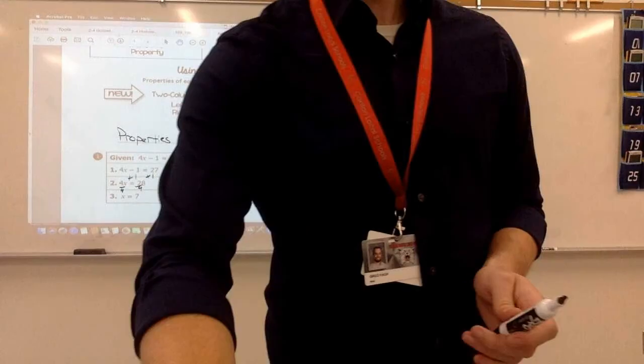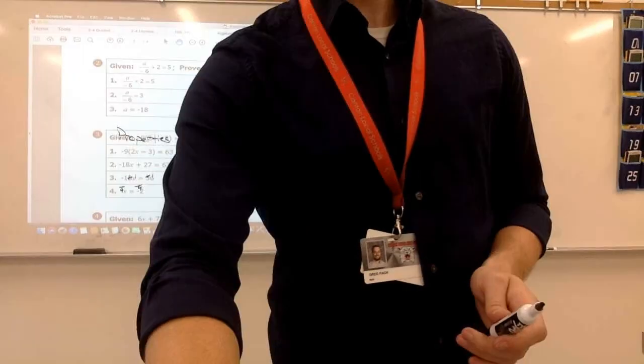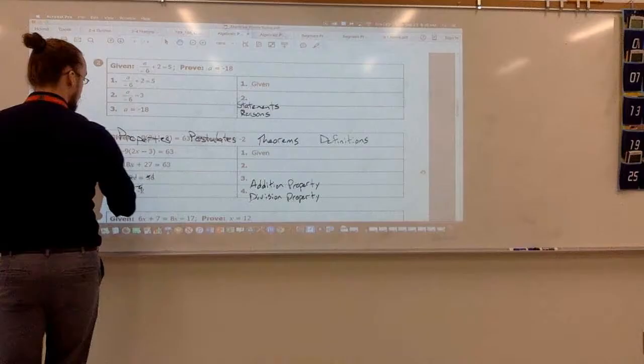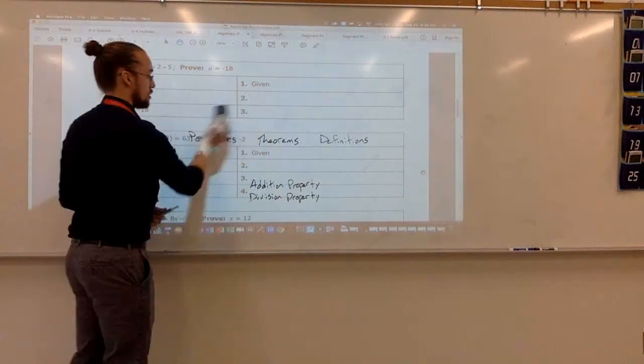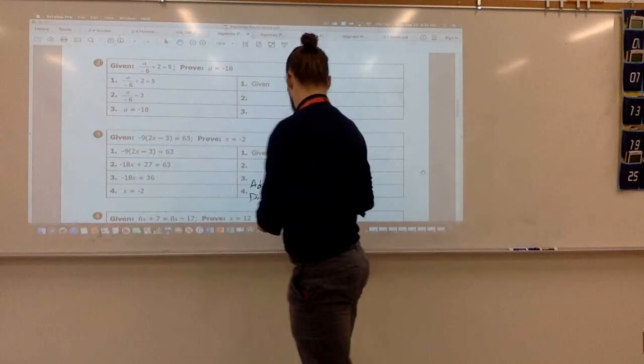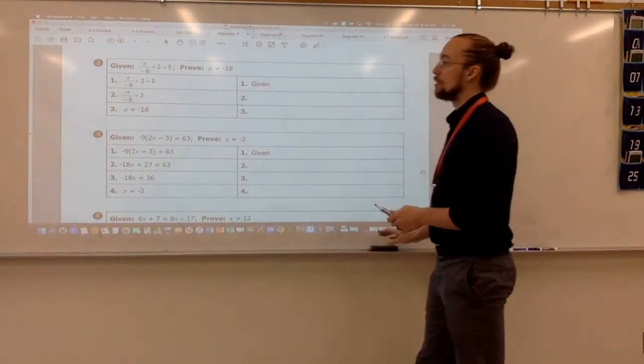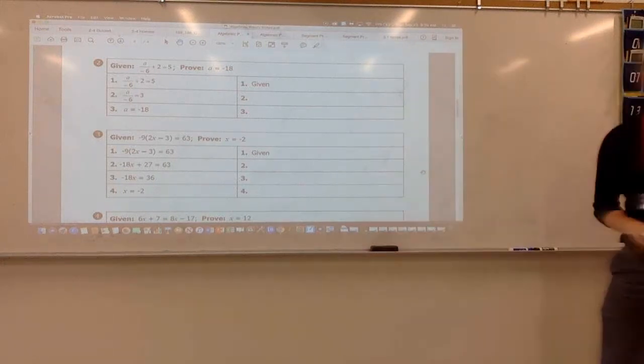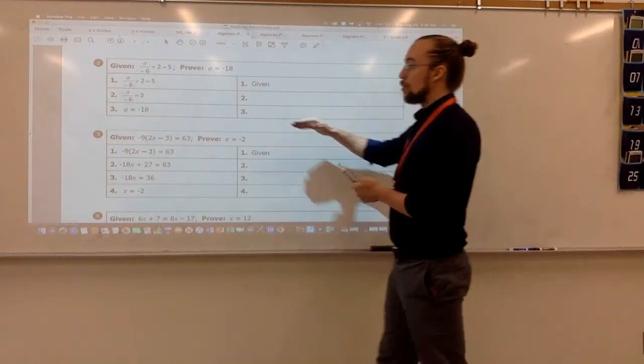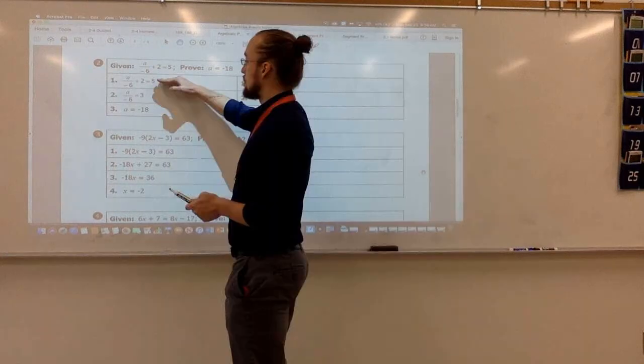All right, let's do another one together here. Let's take a look at number 2 together. So again, the first line is given to us: a over negative 6 plus 2 equals 5. So now, what do I do to get from step 1 to step 2?